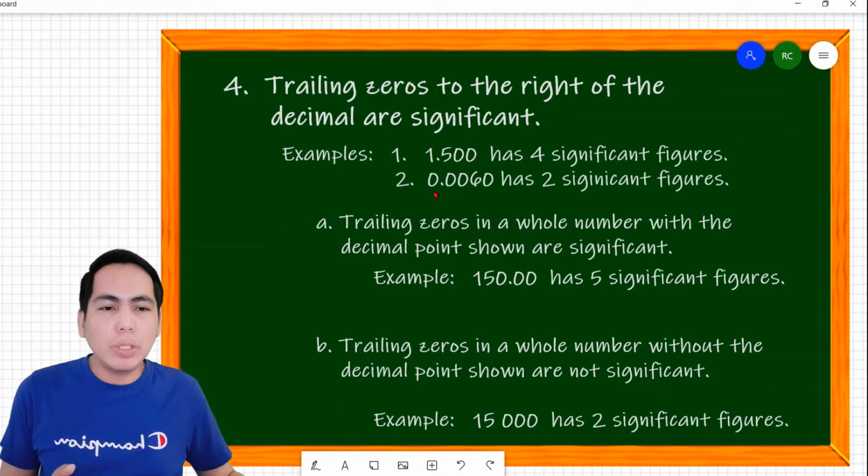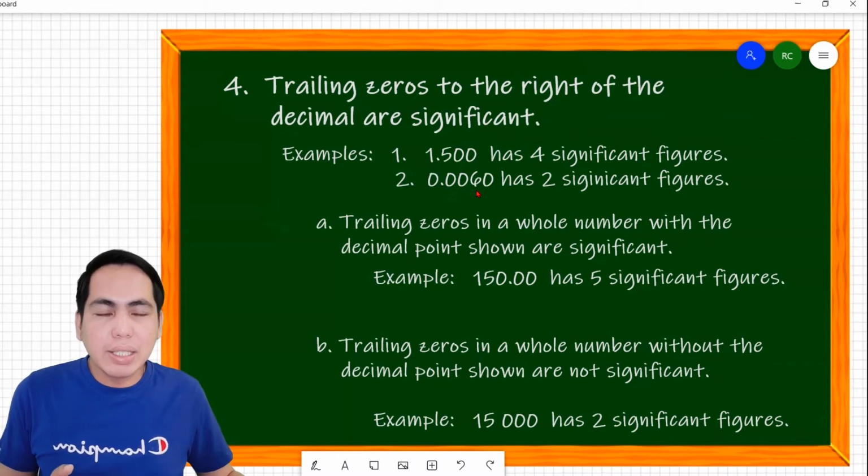Let's have number 2. 0.0060 has only 2 significant figures because the 3 zeros before the 6 are not significant because they are leading zeros, but the 0 after the 6 is significant because it is found after the decimal point and after the non-zero digit.